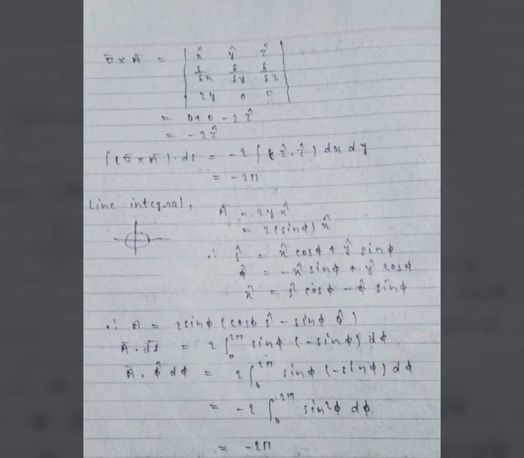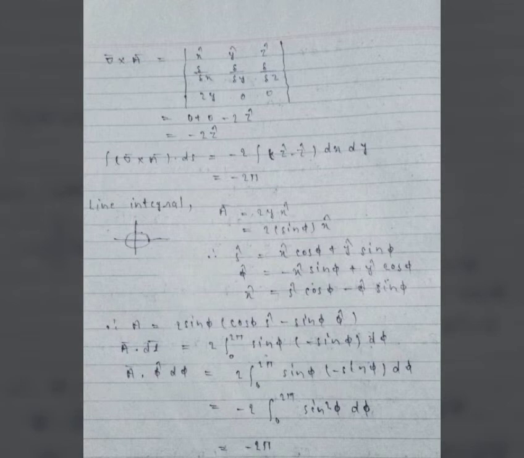The x direction component is 2y, and 0, 0, which gives the x component 0, the y component 0, and the z component is minus 2. So curl of A is minus 2 z.